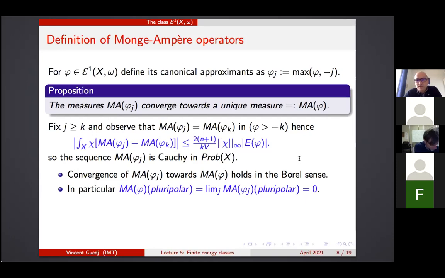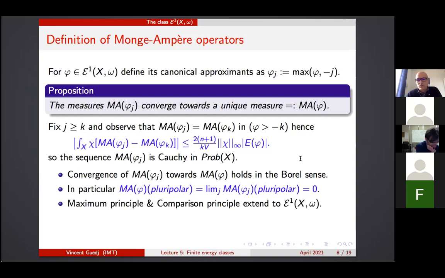So here, since you have convergence in the sense of Borel measures, the Monge-Ampère of phi of a Borel set B is the limit in j of the Monge-Ampère of phi_j of the Borel set B. So in particular, if B is pluripolar, and since Monge-Ampère of phi_j of a pluripolar set is 0, then Monge-Ampère of phi of a pluripolar set has to be 0 as well.